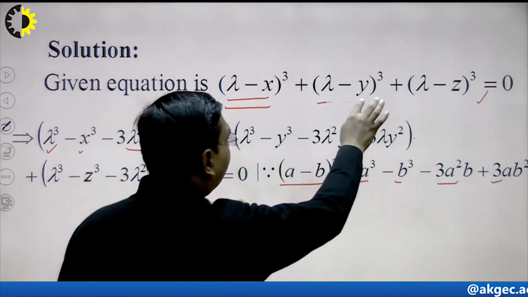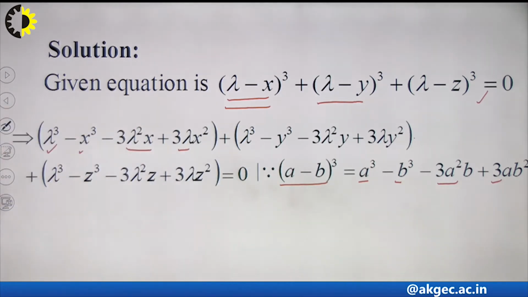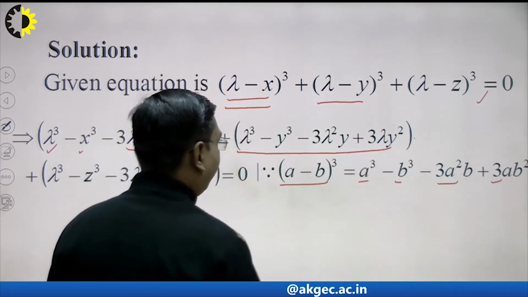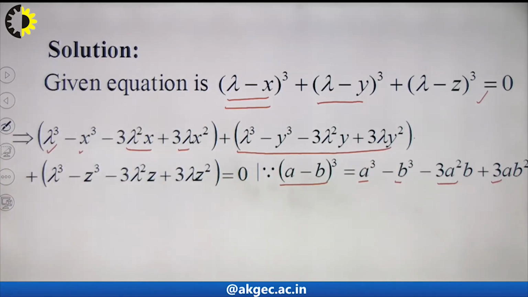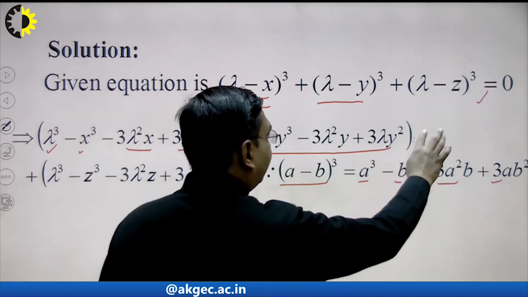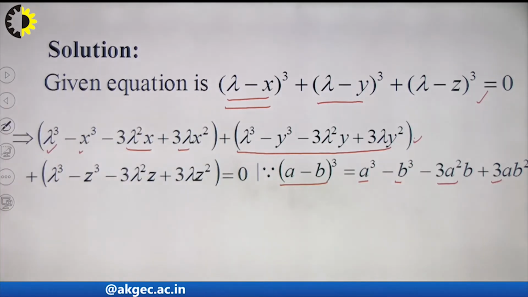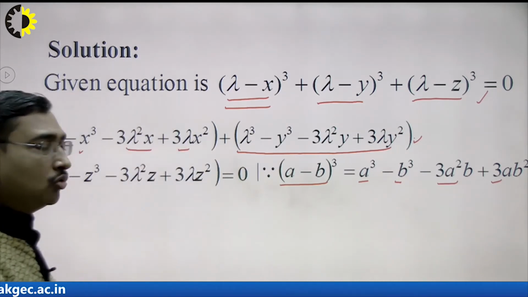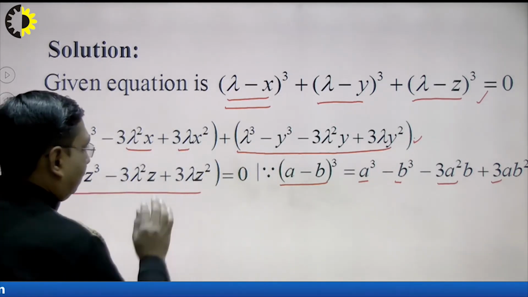This term lambda minus y whole cube will give similarly lambda cube minus y cube minus 3 lambda square y plus 3 lambda y square. In a similar fashion, the third term lambda minus z whole cube will give us this term.